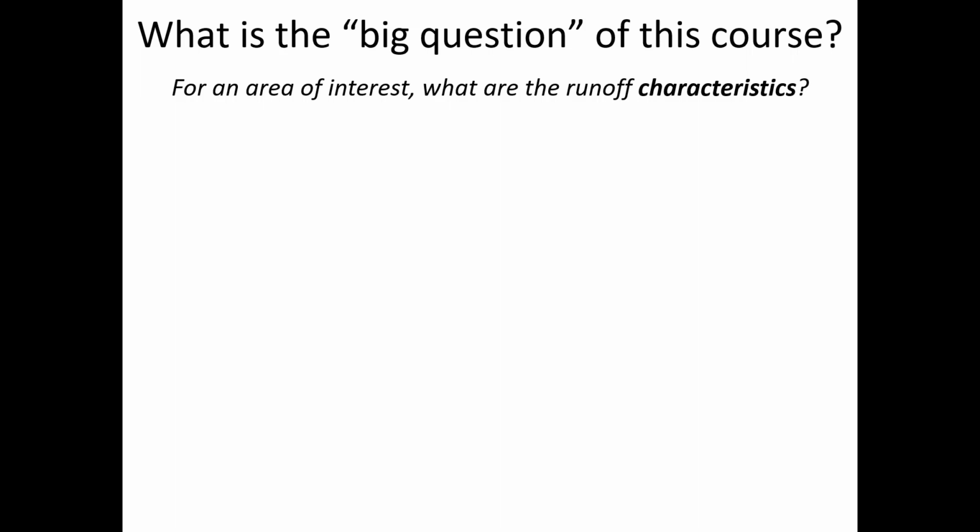How long will it take to achieve the peak after a storm occurs? How long until the watershed drains down back to the base flow? So overall, what are the runoff characteristics for our area of interest? And of course, an area of interest is generally defined by where you're putting in either a road or a building. It's just some place that you're interacting with the stream location.